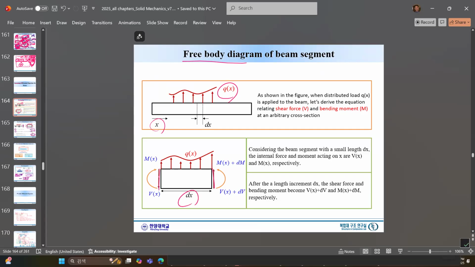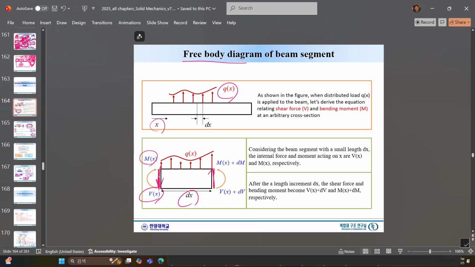On the left-hand side we would have a moment, and on the right-hand side also a moment, V here and a moment here. For a beam cross section, we always have a moment and a shear force, the shear resultant.